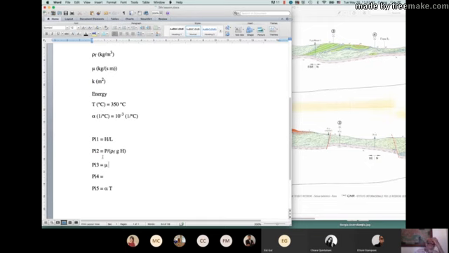So how am I going to scale the viscosity of the fluid? The viscosity of the fluid is interesting to scale against, for instance, the pressure.